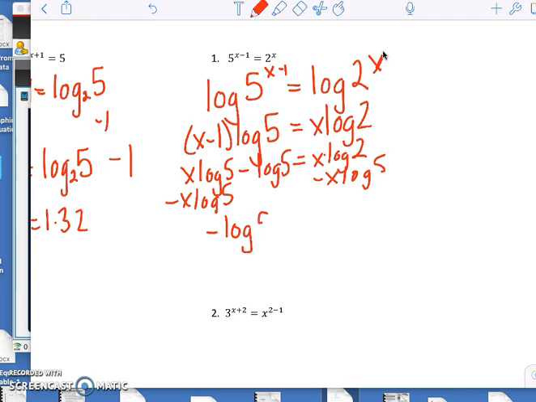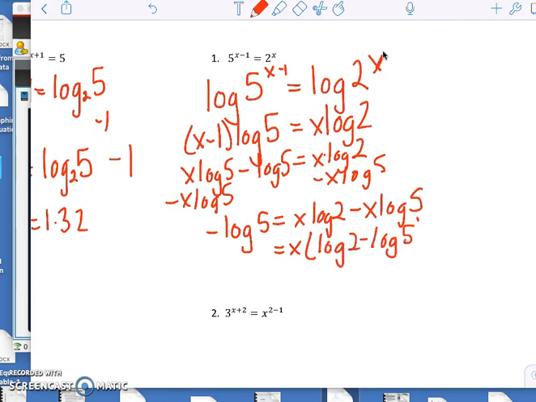So negative log 5 equals x log 2 minus x log 5. And then we can factor out that x. So x times log 2 minus log 5 equals negative log 5. You might say that that's 2 over 5 and go back to division. You could do that, or we could just divide by log 2 minus log 5.